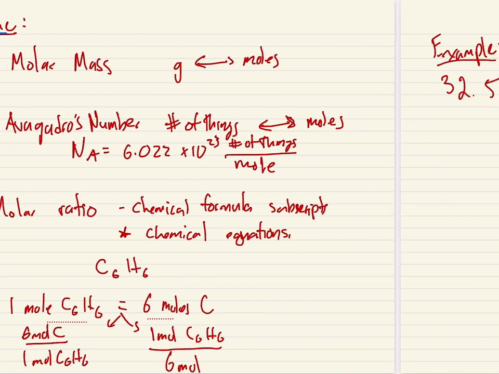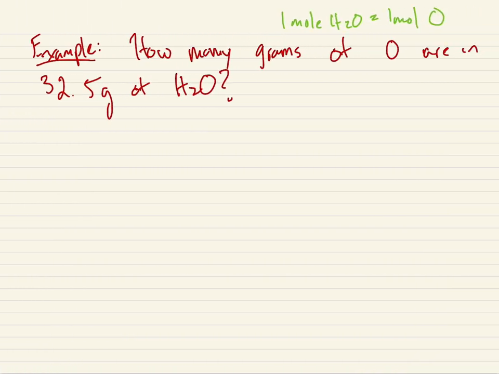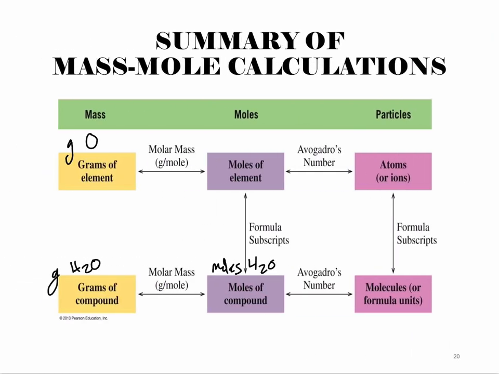Okay. All right, so let's start off with an example. How many grams of oxygen are in 32.5 grams of H2O, of water, right? So you're given a mass here of H2O, 32.5 grams, and you want to find the grams of the element.